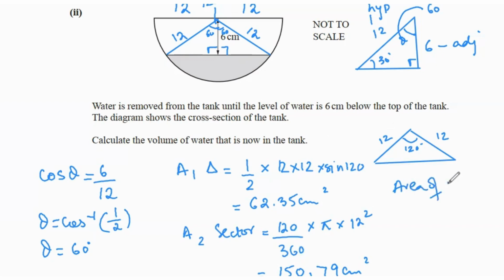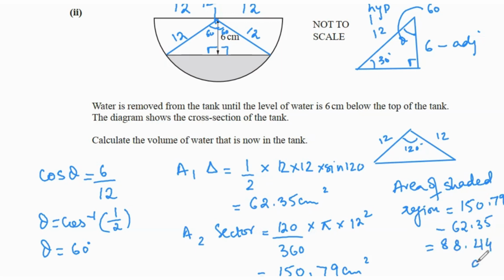Area of shaded region is going to be 150.79 minus 62.35, and that gives us 88.44 centimeters square.